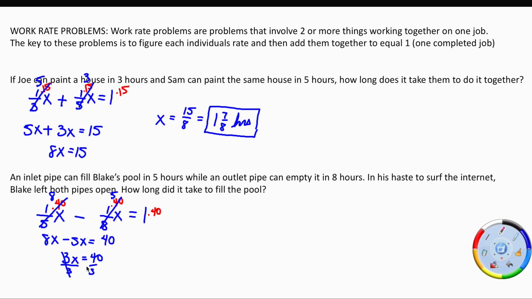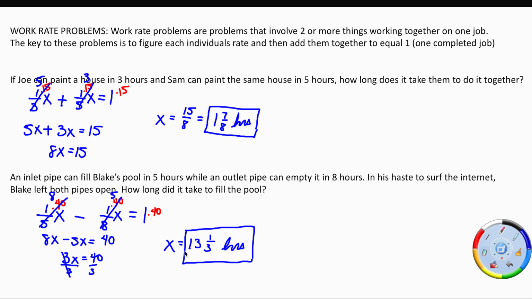So x is 40 divided by 3, which is 13 and 1/3. So we can say it's going to take 13 and 1/3 hours to fill this pool. 13 hours and 20 minutes would be a better answer, but they're going to let us leave these, I believe.